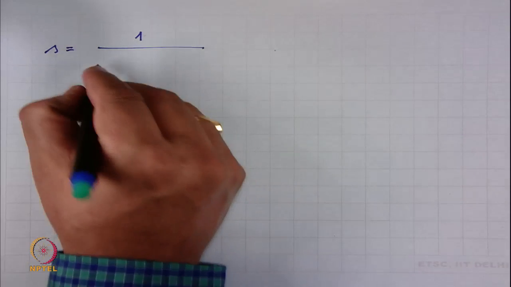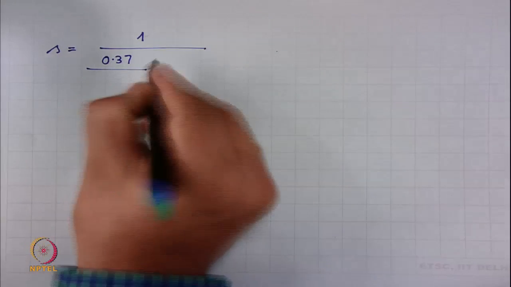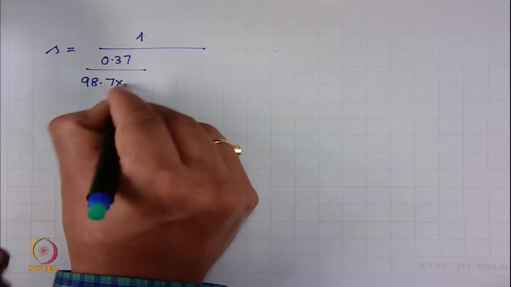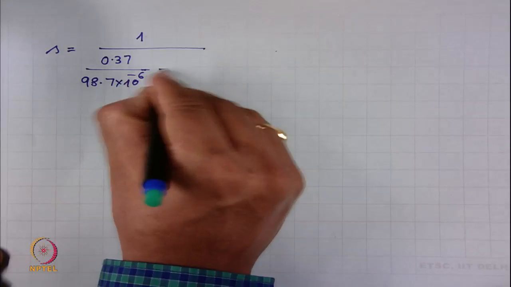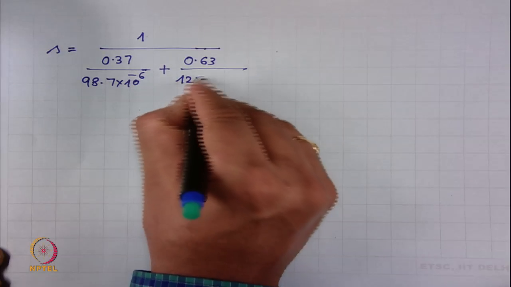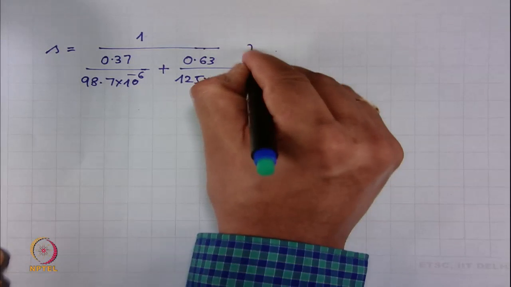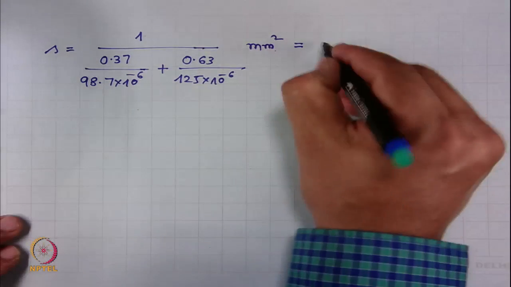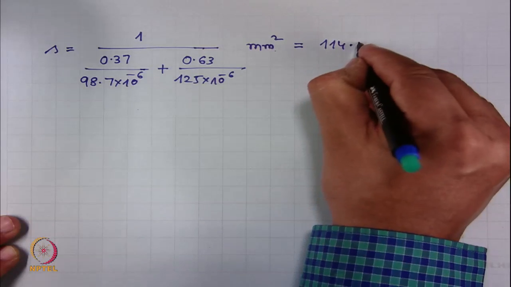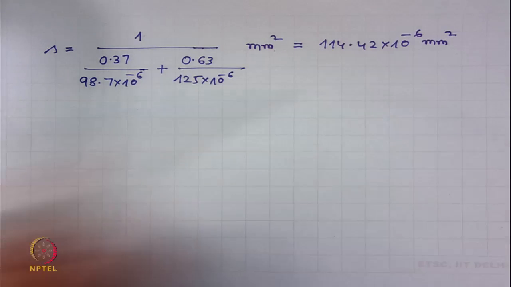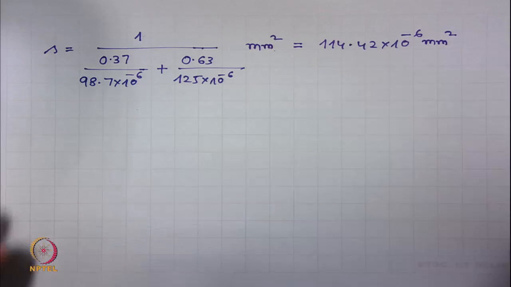So, S is equal to 1 by V1 0.37 divided by area 98.7 into 10 to the power minus 6 plus V2 0.63 and 125 into 10 to the power minus 6. What will be the unit? Unit will be millimeter squared. So, if you calculate, you will see this value will come in millimeter squared. So, this is the fourth important characteristic of the blend.